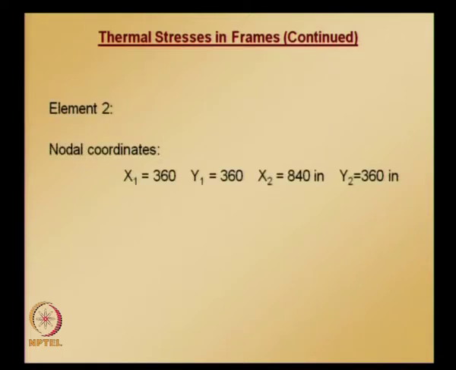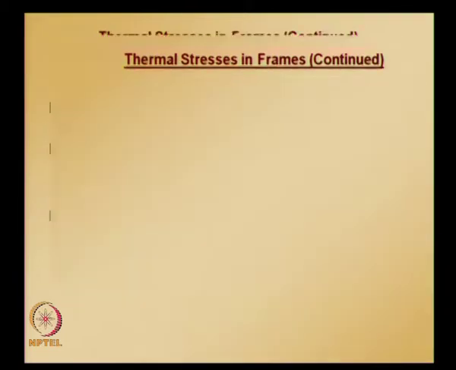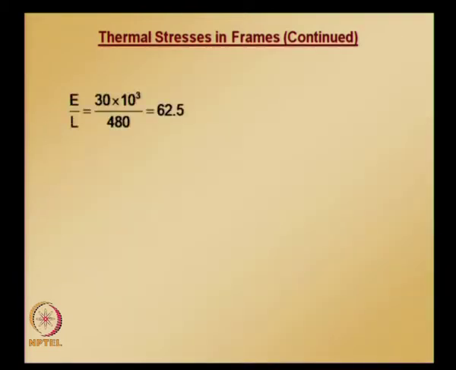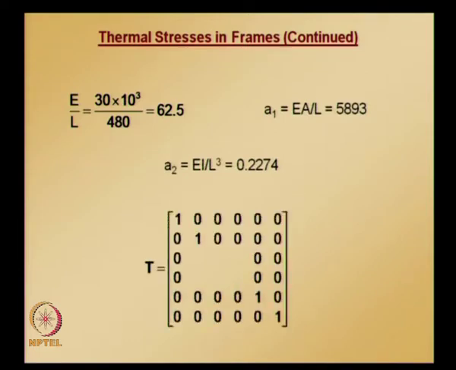And similar calculations we need to repeat for element 2: nodal coordinates for element 2, length, direction cosines, and these are the coefficients that are required for assembling the stiffness matrix. So, using the direction cosines, this is the transformation matrix that we get.